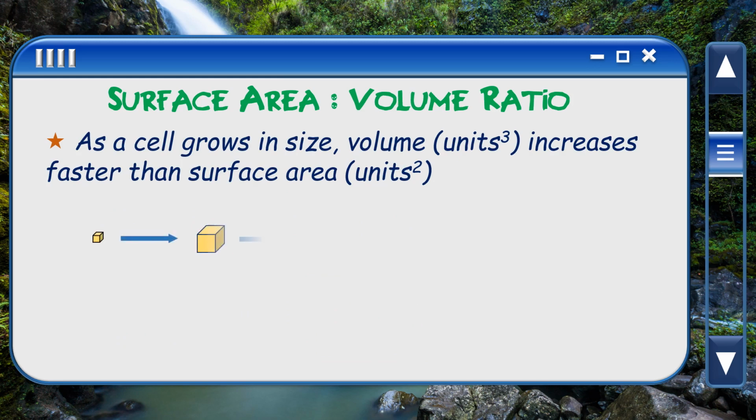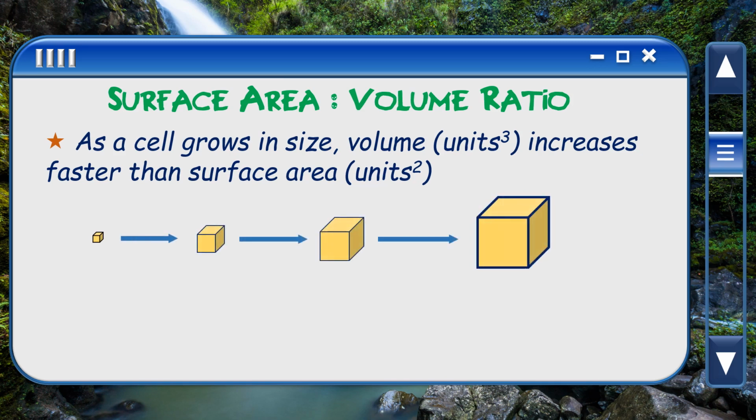Now, as a cell grows in size, volume increases faster than the surface area. So we can see that when the cell is changing in size, its volume goes on increasing. And as it is increasing, the volume is increasing faster than the surface area.